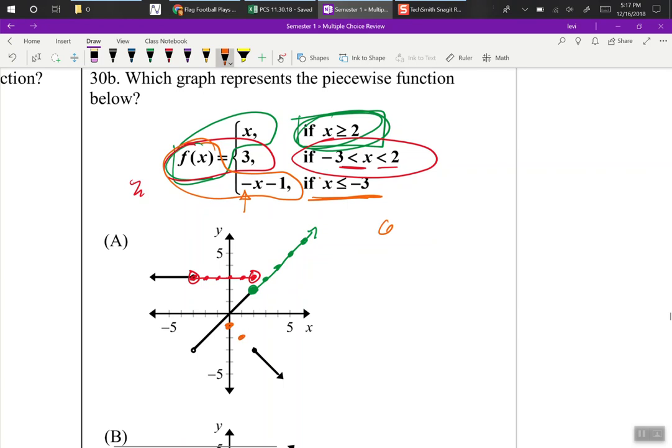But I want x values that are less than or equal to -3, so I need to be going to the left, which would be up 1, left 1. And I want to start at -3, so I need to erase my first couple ones till I get to -3.